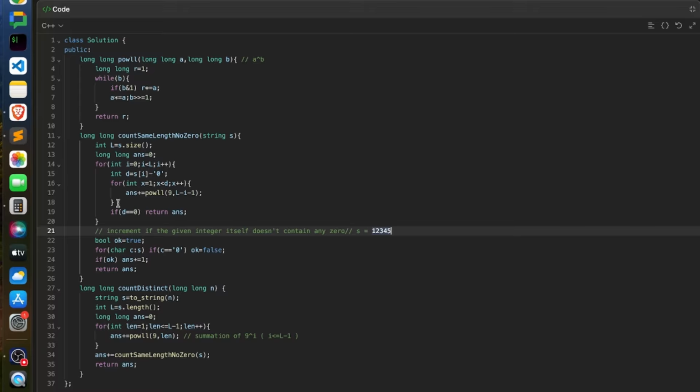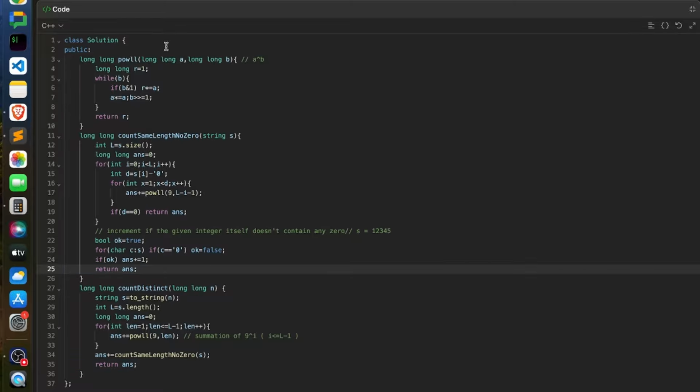So this case would be missed here. That's why just increment it by 1 if there is no zero at all. Because here, what I'm doing is keeping the smaller digits, right? So it won't be handling the case when all the digits are non-zero. So yeah, for that case just increment it by 1 and then return your answer.